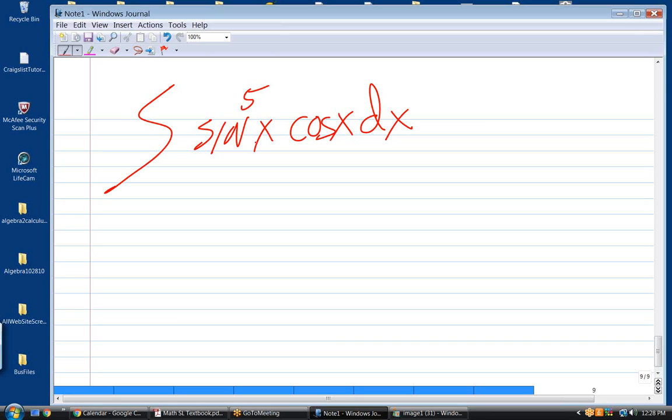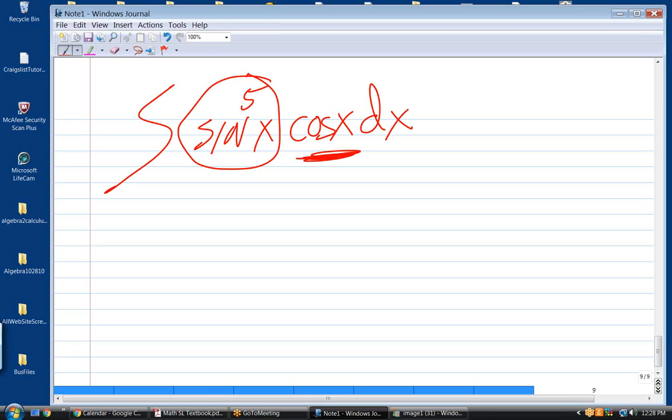And what you're always looking for is what would the inside be? If you were going to differentiate that, the inside would be sine x. So whatever you would use for the inside to differentiate it, use for u. Same thing. And you want it to be multiplied by the derivative of u.